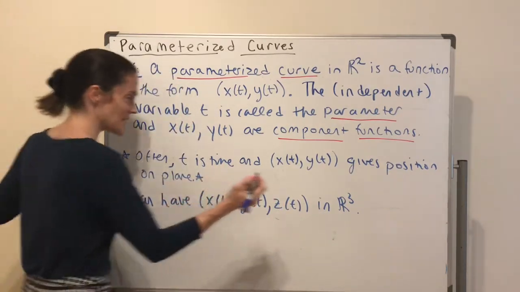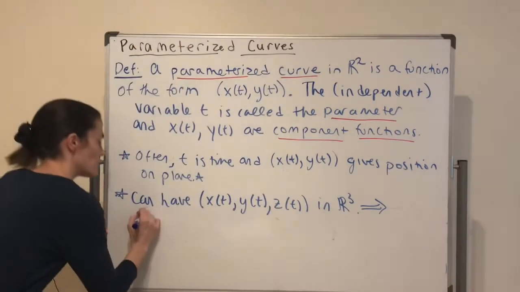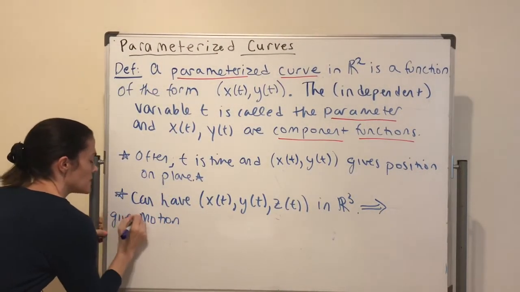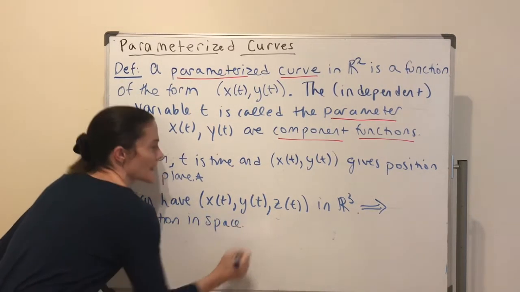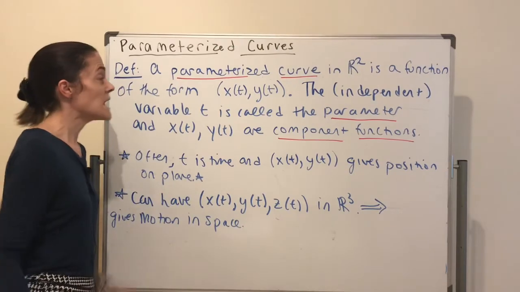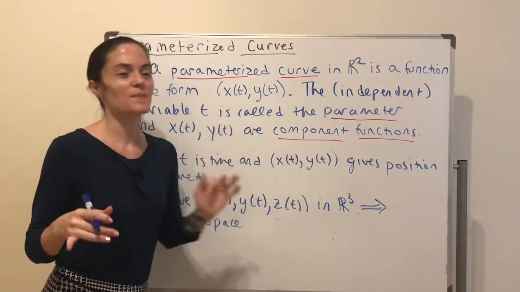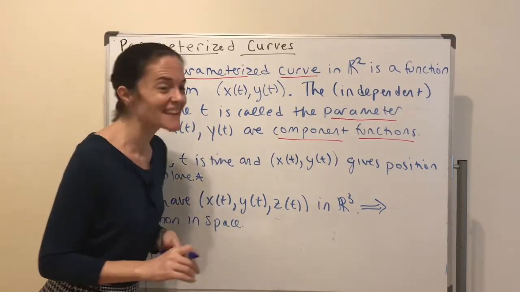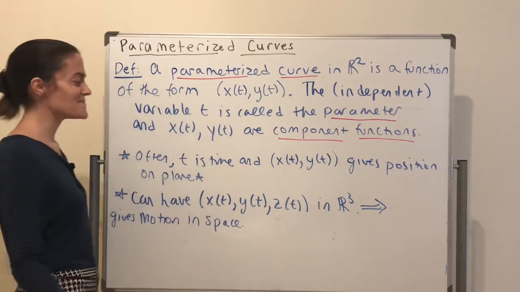And this would give motion in space. So I guess in theory you could have 4 components, 5 components, and have motion in a 5-dimensional space, but primarily we will be working with R2 and R3, okay?